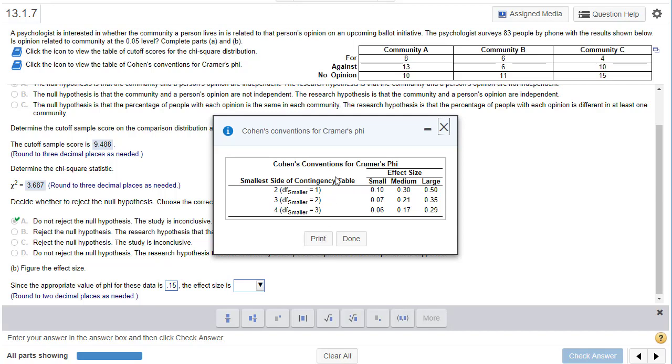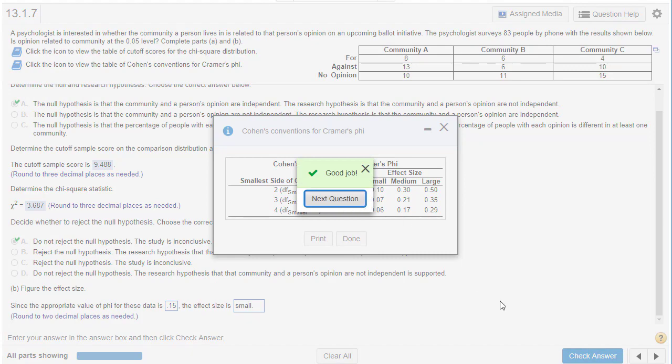We have a df of 4, so we're looking at the smallest side, which is 3, so we're looking at this row right here, and we're at 0.15. If the phi were 0.21 or above, it would be medium. If it were 0.35 and above, it would be large. So it's still in this small range here. I hope that helps.